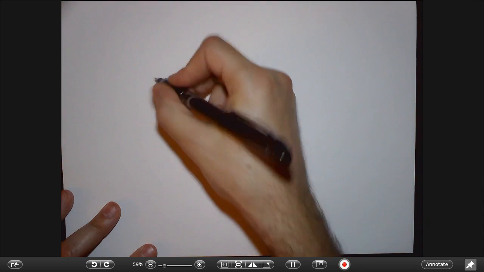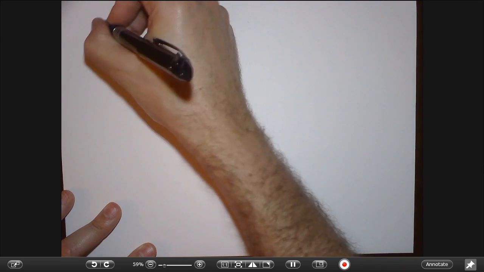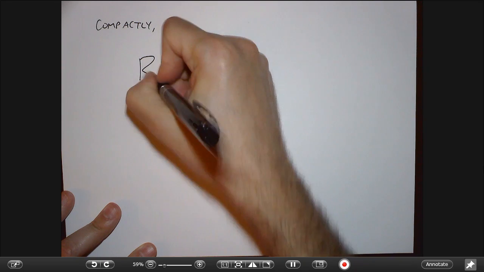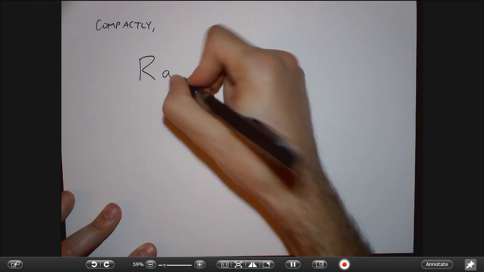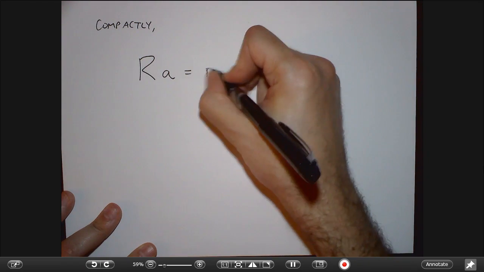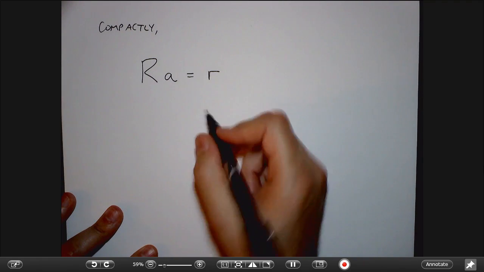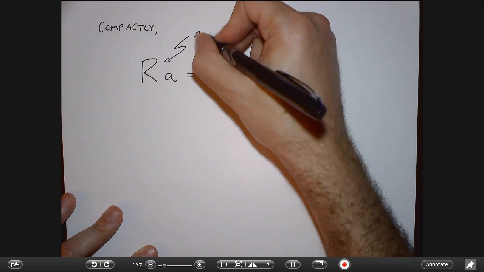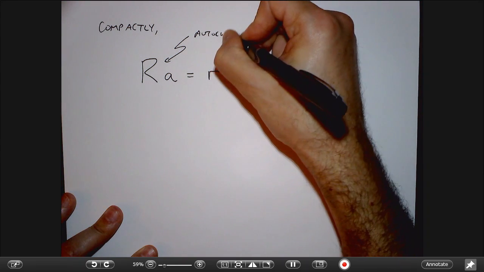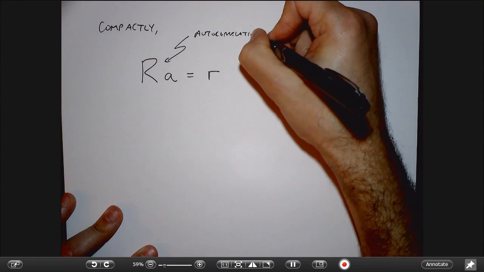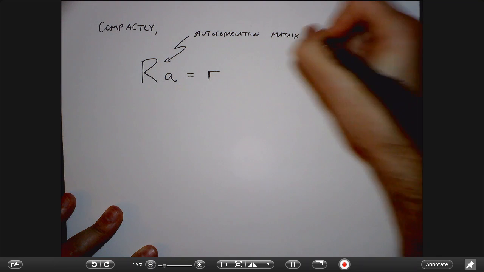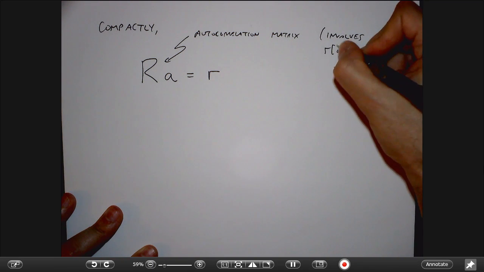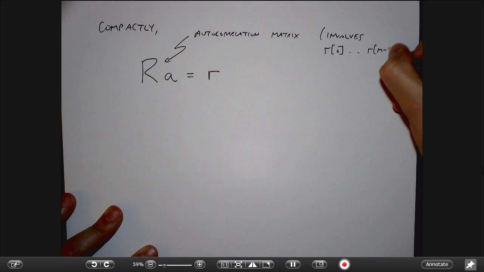So compactly writing this, I'm going to have capital R of the A's equal little r, where this is the autocorrelation matrix, which involves R0 up to R m minus 1.